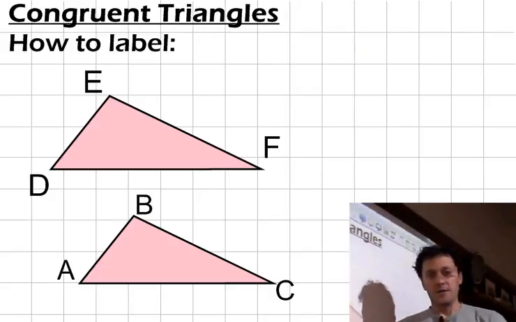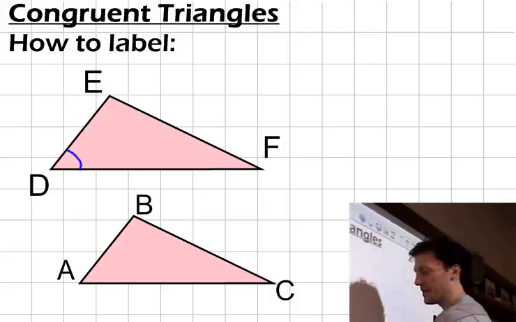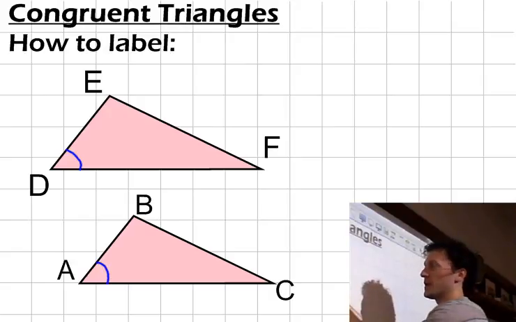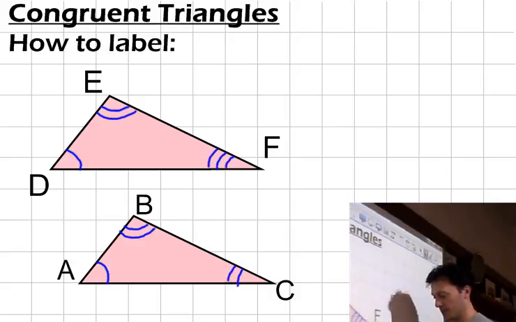Now here's how we're going to label it. I know that angle D here is congruent to angle A, so they get that marking. E and B are congruent, so they get two of them, indicating that those two are congruent. F and C, those are congruent, so those get those marks.